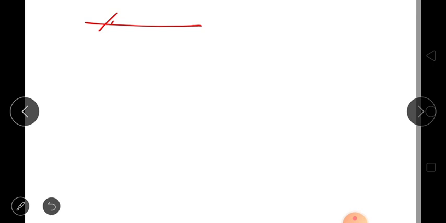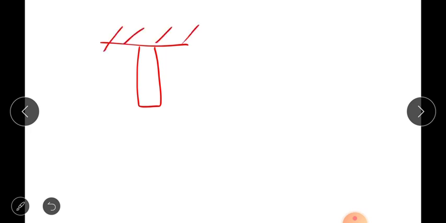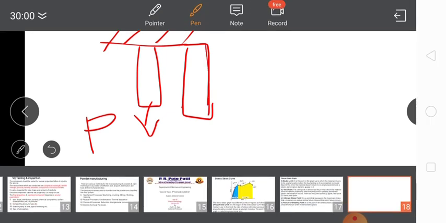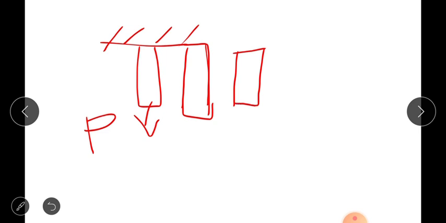See here, suppose this is a metallic bar which is fixed from one end, and we are applying some external force P. There will be some deformation because of the force P. If we remove that force P, it will regain its original shape after the removal of the external force.